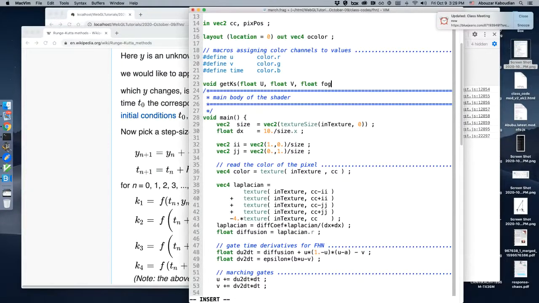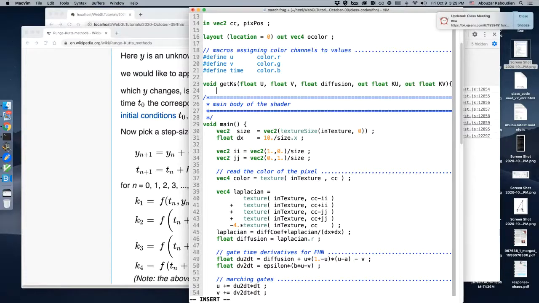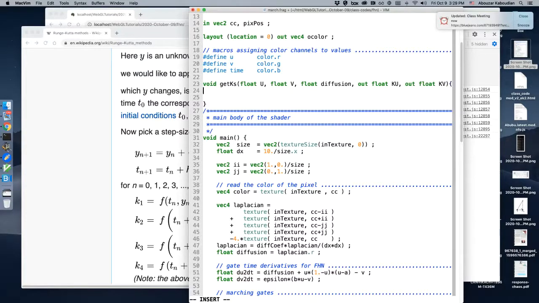So I can have a diffusion that I pass here, diffusion. And I want to return a K value for U and a K value for V. This will be the function that I'm going to deal with.